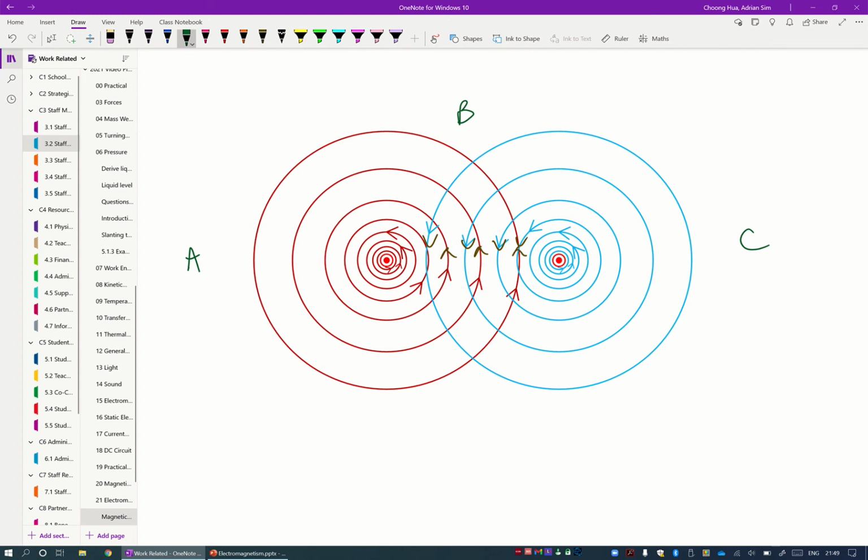And what will be the resultant magnetic field lines? It will be this. I'm just going to draw a very rough one to show you how it's derived. Okay, so it will be like this.